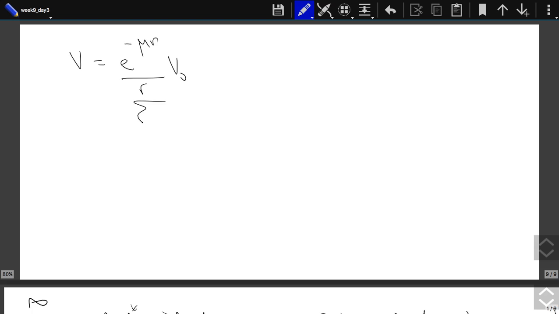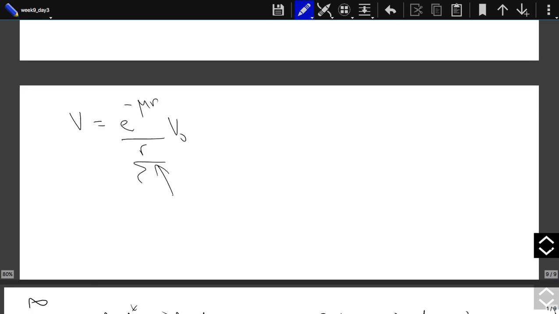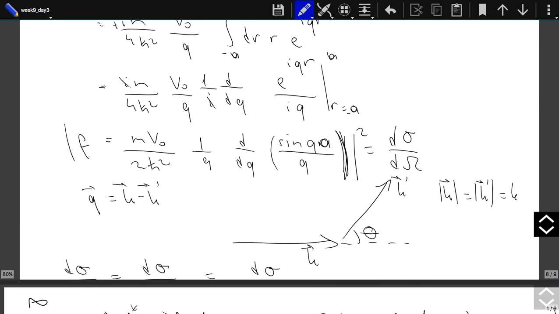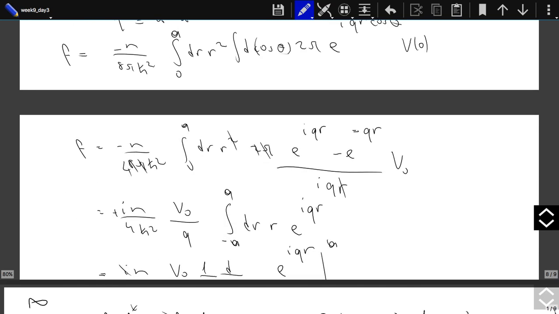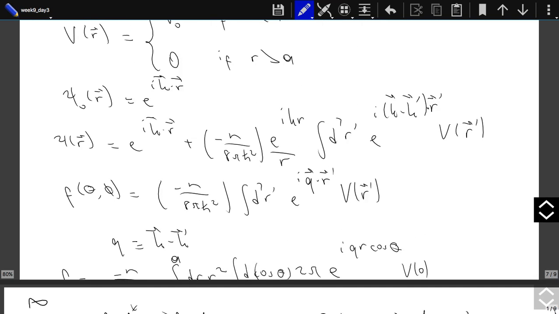If the photon had a mass, then this would be the potential corresponding to the Coulomb law for a massive photon. Now to calculate f, here we have the expression. This is our f, whatever the potential is. So this is what we will be using.